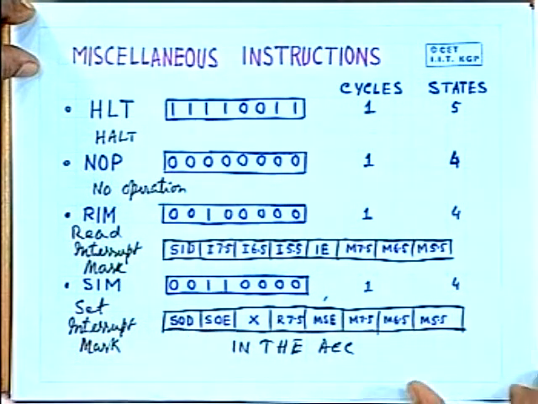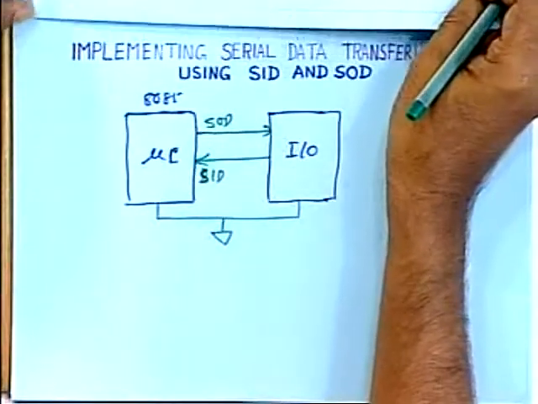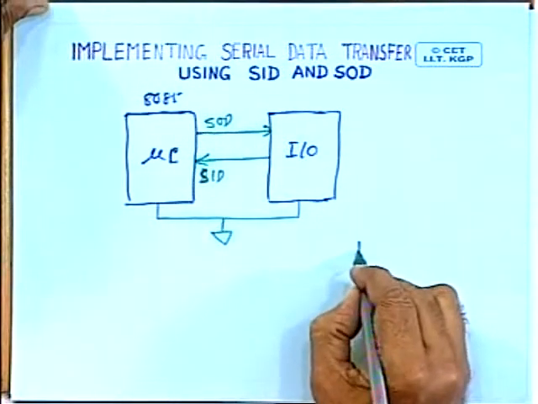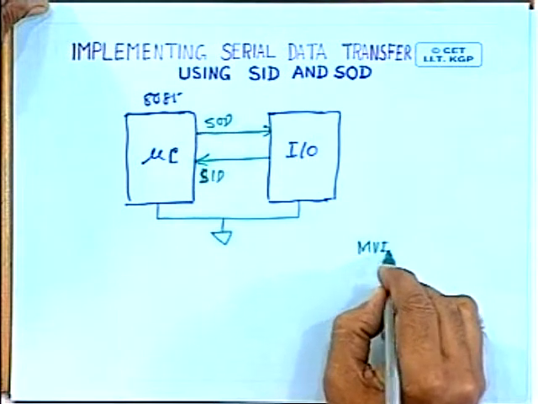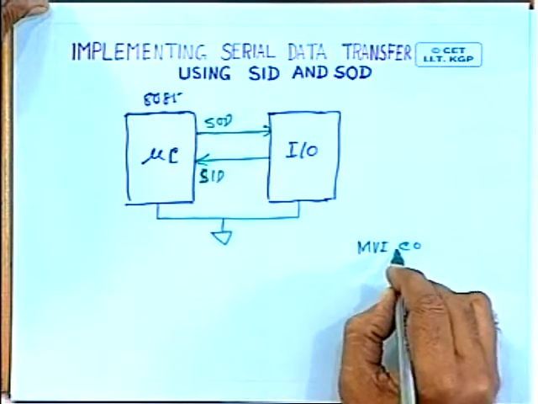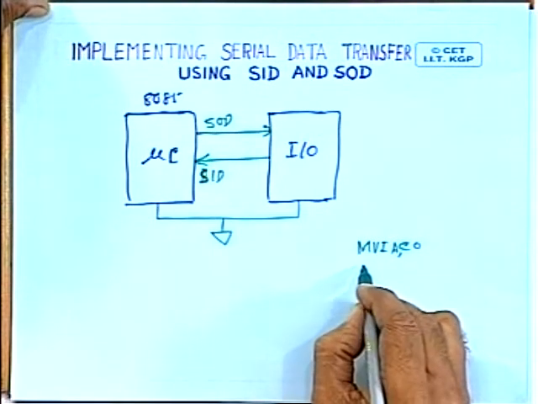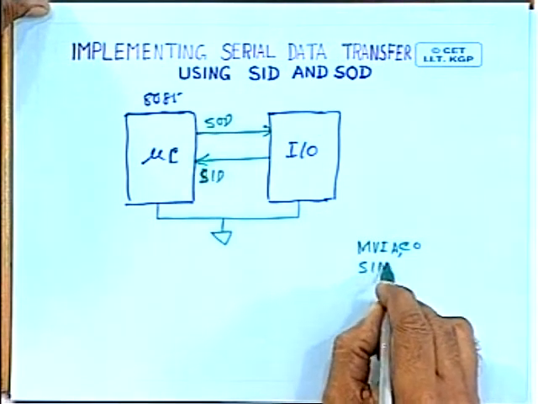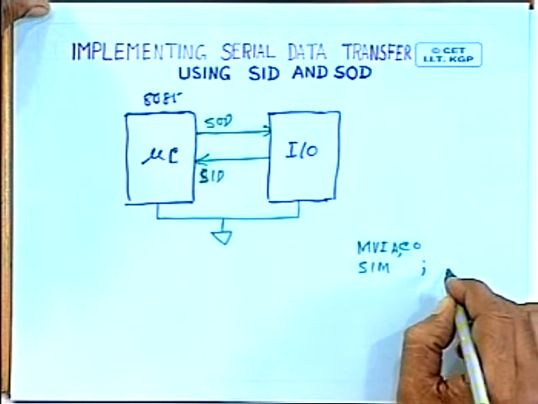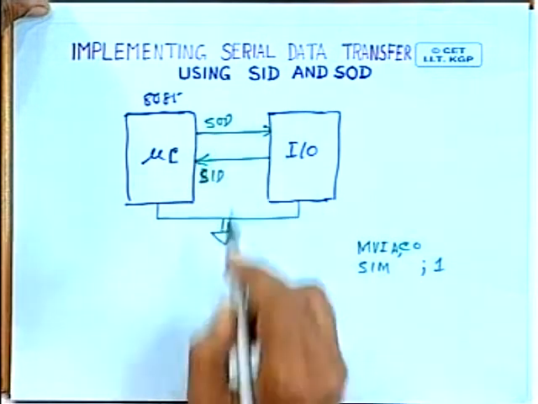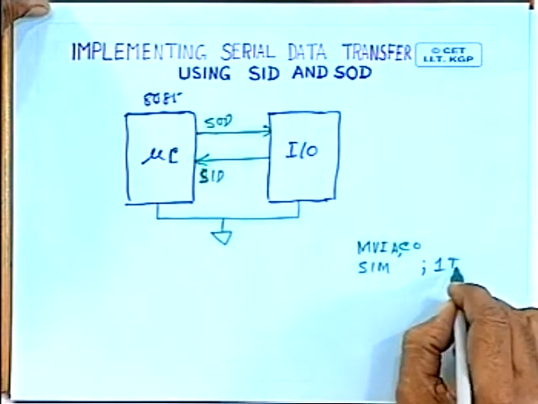So 1 1, that means C0. That means if you write MVI A, C0, then execute SIM, it will transfer 1 on the SOD line. 1 is transferred.